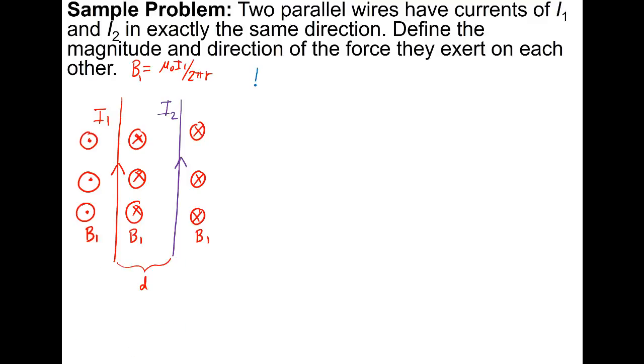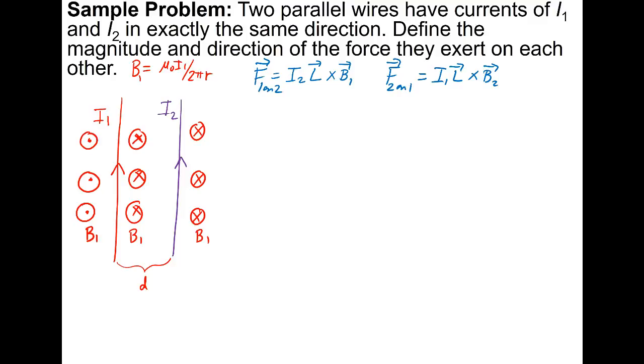So this is going to be F is equal to I2 L cross B. And this is going to be the force of 1 on 2. And this would be field B1. Likewise, we can calculate the force of wire 2 on 1 as equal to the current of wire 1 times its length cross the field that 2 creates.